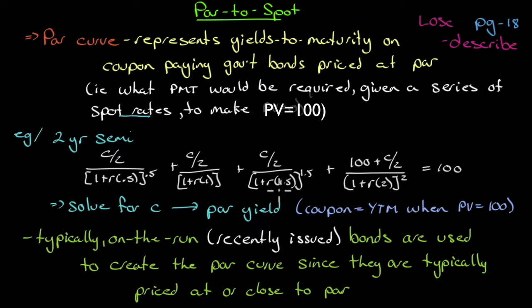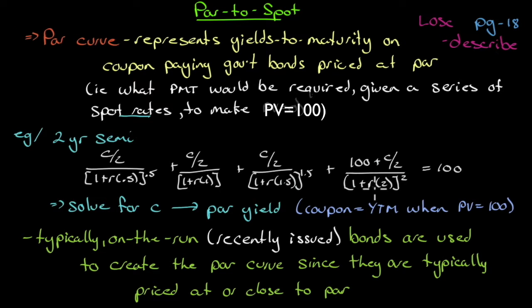If these are the observed spot rates, what would this bond's coupon have to be to make it par? That's all it's doing: taking observed spot rates to get to that par rate. It's important to understand that to get to this par yield, you must have all of the spot rates.